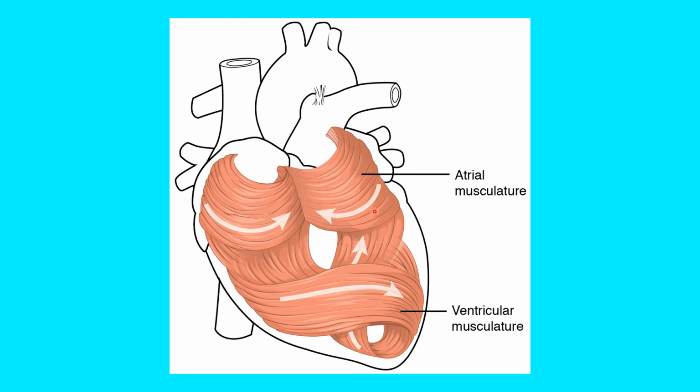So the top portion is going to contract, then the bottom portion contracts. It's much more efficient, especially down here at the bottom where the ventricles are. When all of this contracts to force that blood out, it's much more efficient than if it was all linear or all horizontal.